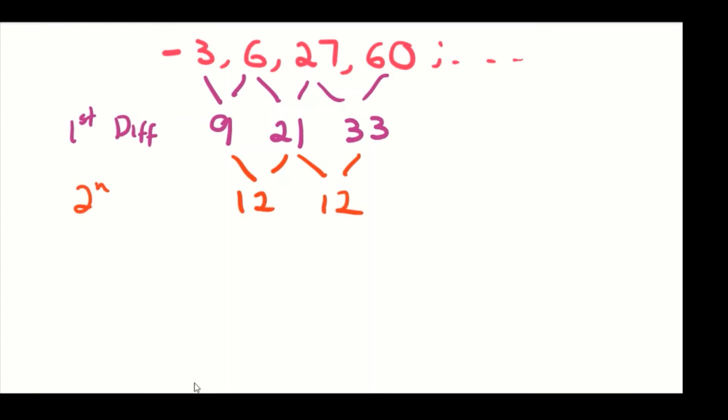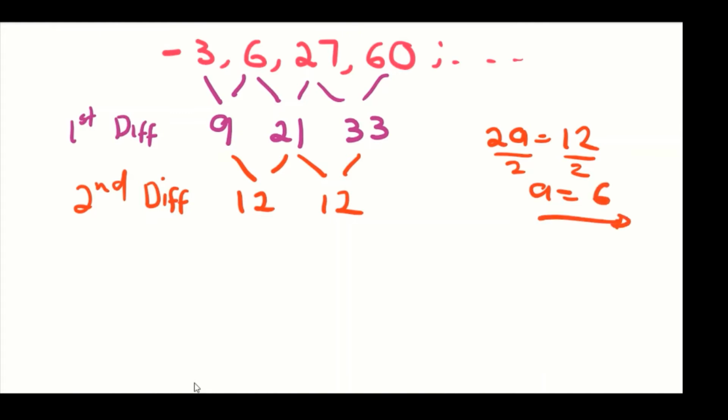So this is the second difference. So 2a is equal to the second difference, which is 12. So divide by 2 both sides. Your a value is equal to 6. So it's just going to be 6, right?